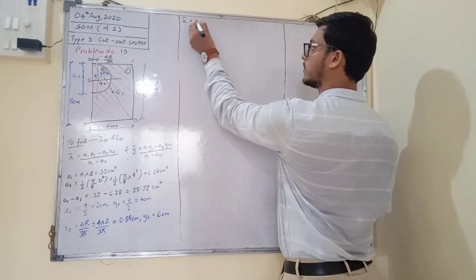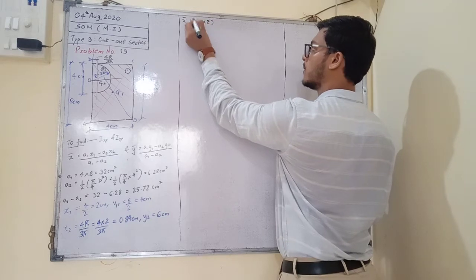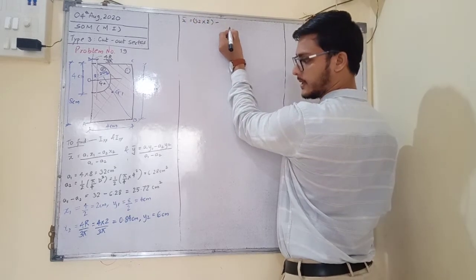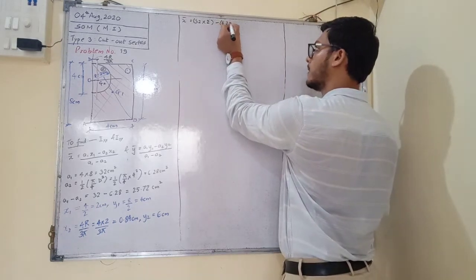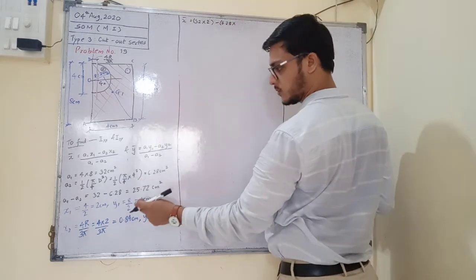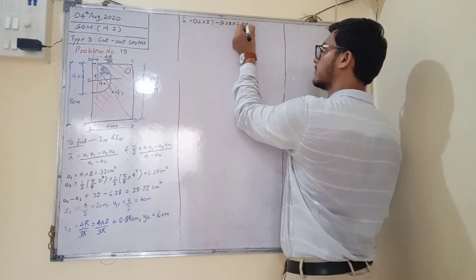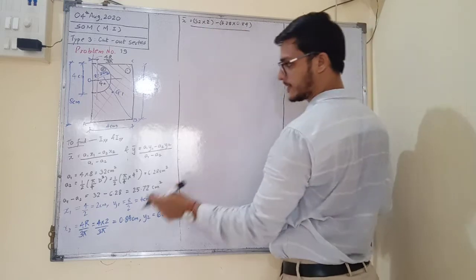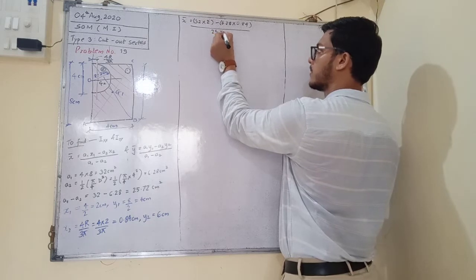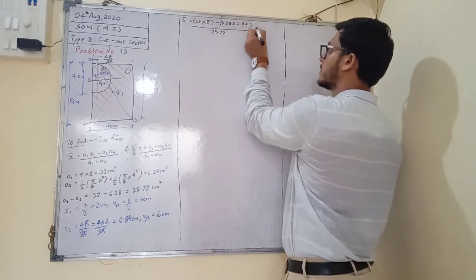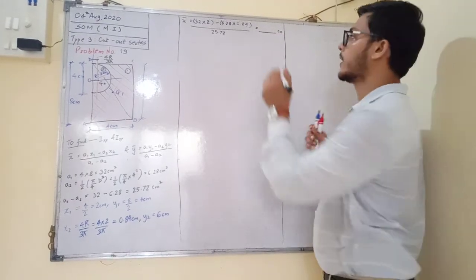A1 is 32 into x1 is 2, minus A2 is 6.28, x2 is 0.84, upon the difference I have calculated, it is 25.72. So when you solve this, you get the answer of x bar in centimeter. I am getting x bar as 2.28 centimeter.